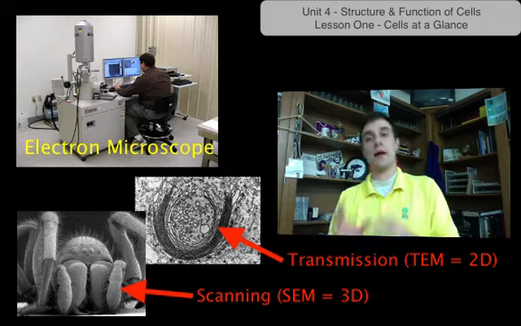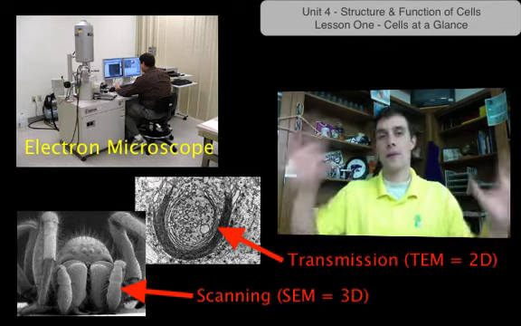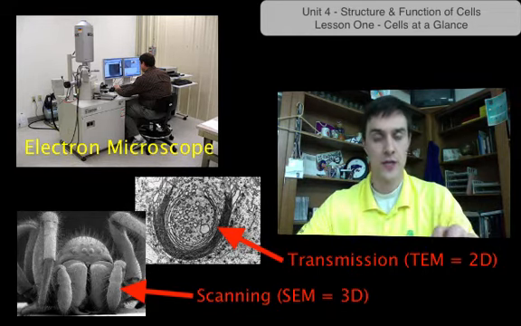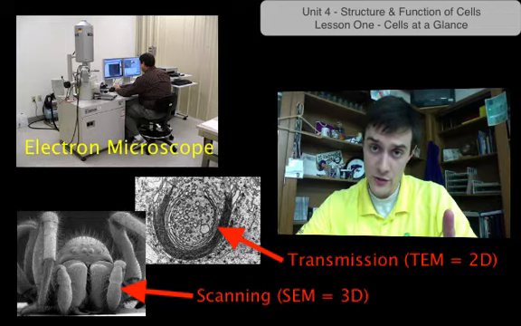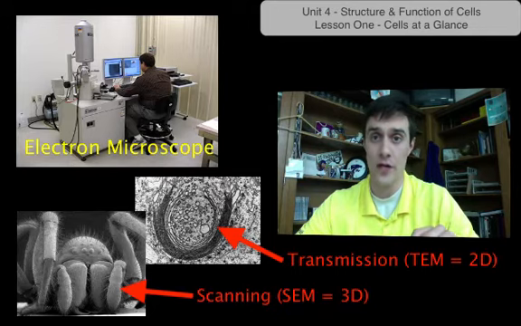So electron microscopes give you magnification that compound light microscopes cannot come close to, and there are two types: the transmission microscope gives you a two-dimensional view of the object, and the scanning microscope gives you a three-dimensional view.